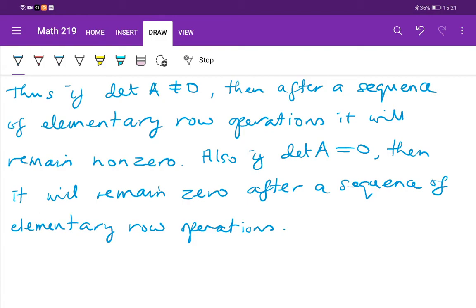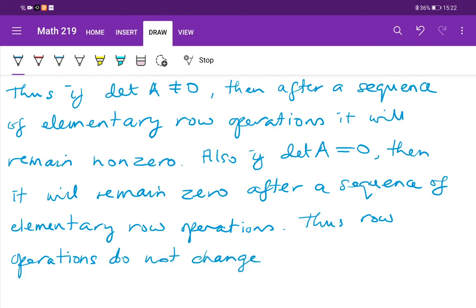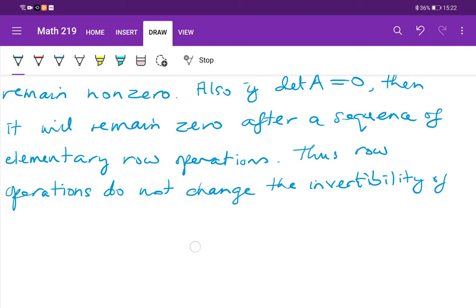So we see that row operations do not change the invertibility of a square matrix.